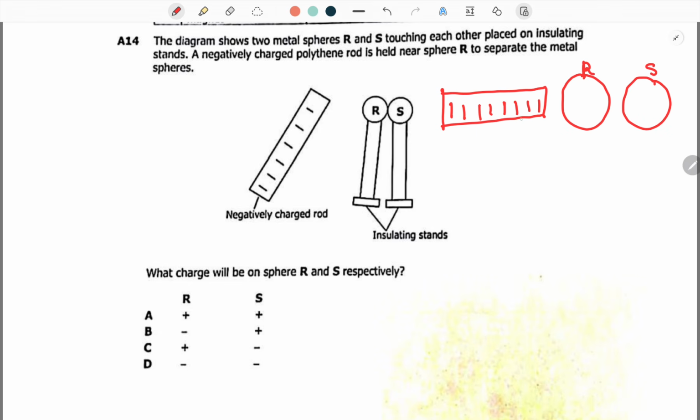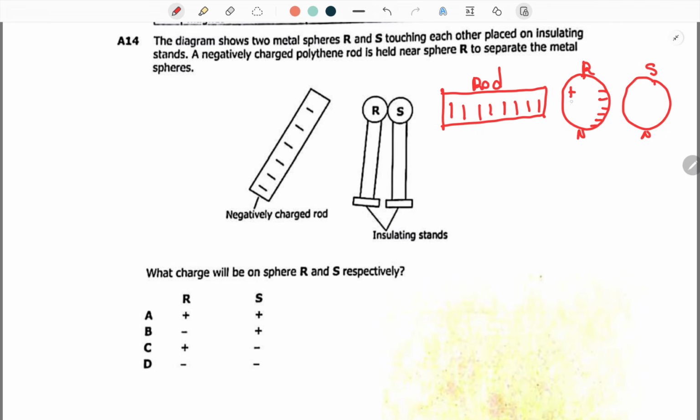Because the rod is negatively charged, and these spheres are neutral, meaning they contain both positive and negative charges, when you get the rod close to R, the negative charges will be repelled to this side. Remember, like charges repel and unlike charges attract.